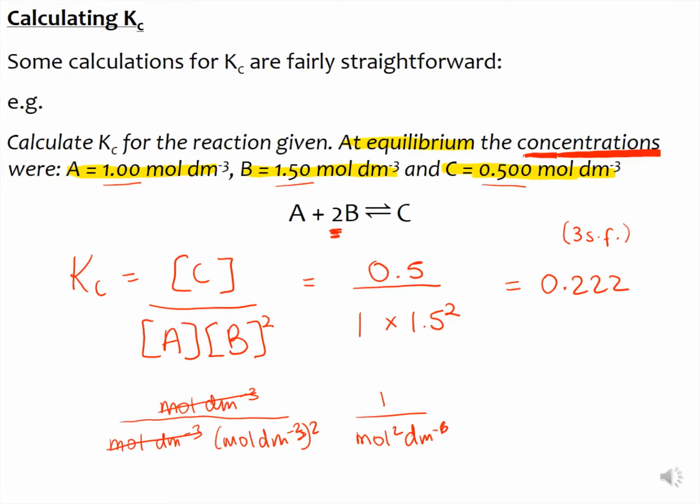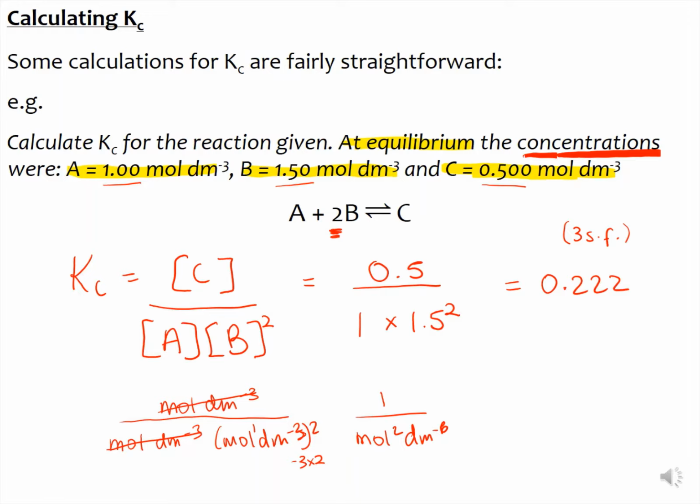Now if you remember that when we have indices outside of a bracket, minus 3 is times by 2 to give us what the total indices would be. So it would be moles 1 times 2 would be moles 2, and the minus 3 for the dm is times by 2 to get dm minus 6.